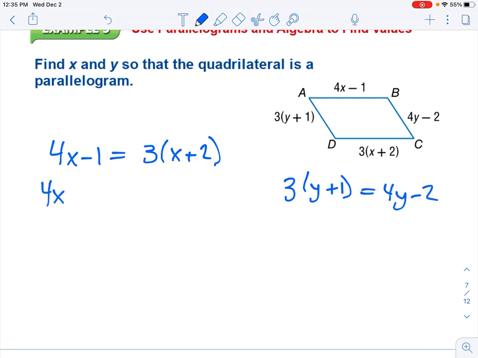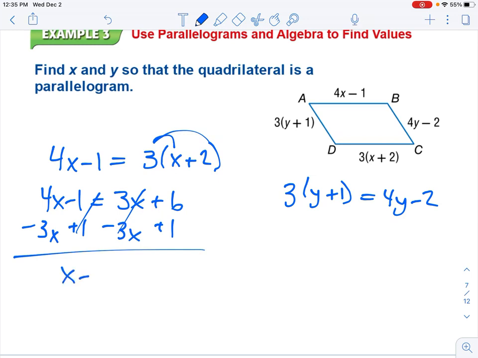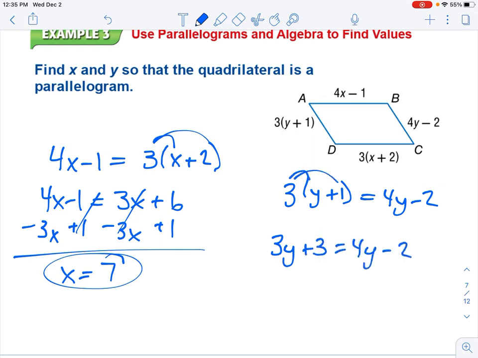So go ahead and solve. I have to do some distribution here. So we end up getting that x equals 7. And then that y equals something. I believe 5.